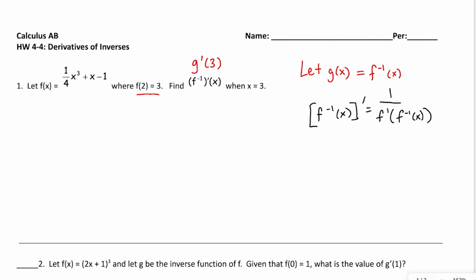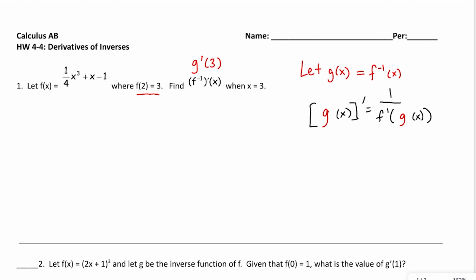Now, I'm using g of x as a stand-in for the inverse of f. So as I work this out, I'm not going to have f inverse here. I'm going to have g. Okay, so this formula only works if g is the inverse of f.